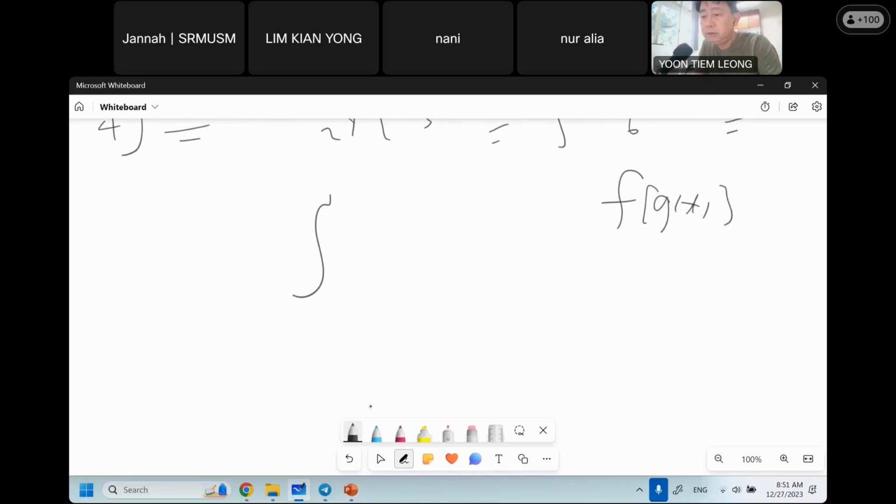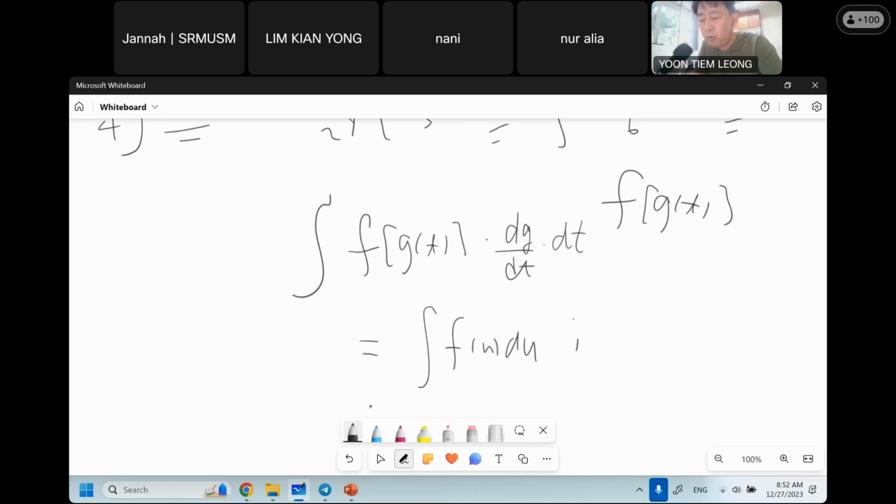So if you have an integration which appears as the product of the function of g of t multiplied with dg dt times dt, then this integration could be performed by turning it into the form of f of u du, where u is just your g. Okay. So an example would be like this.